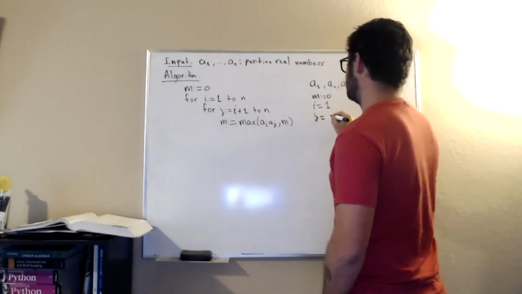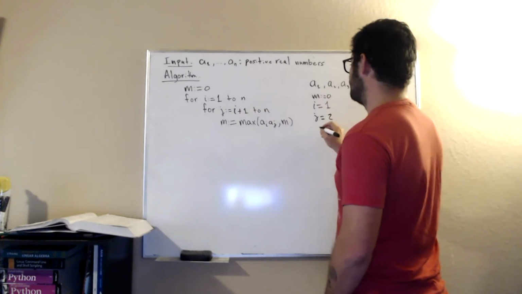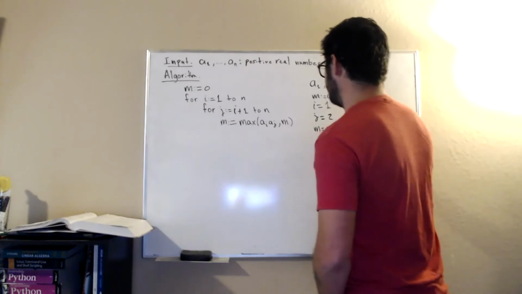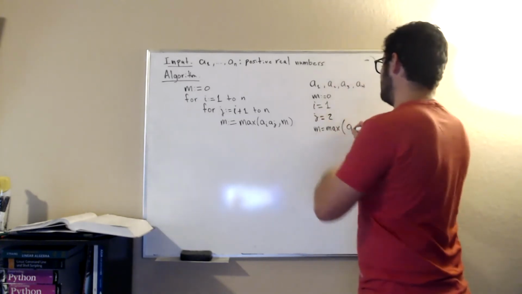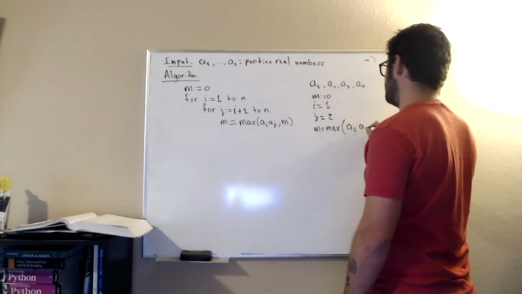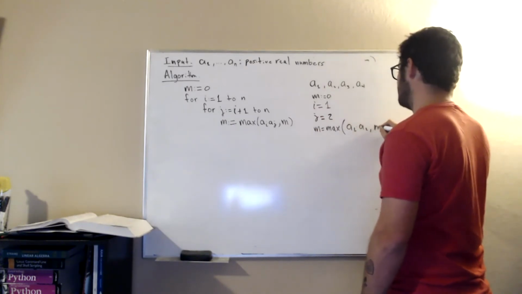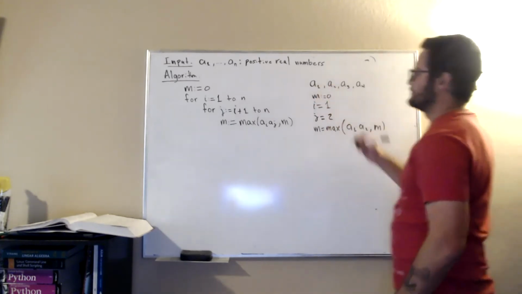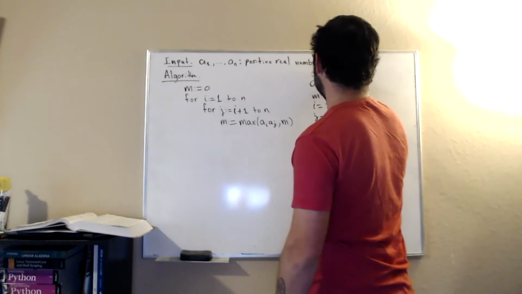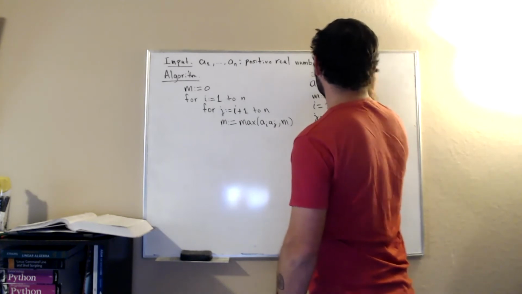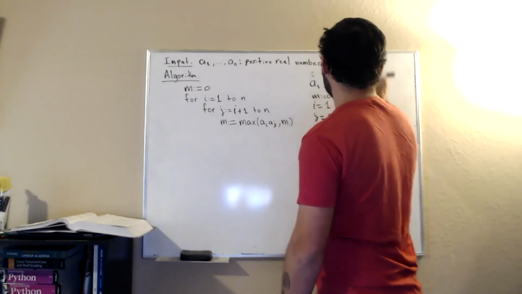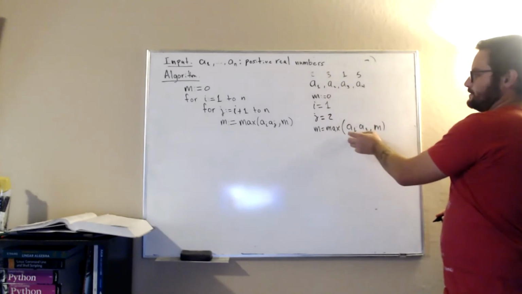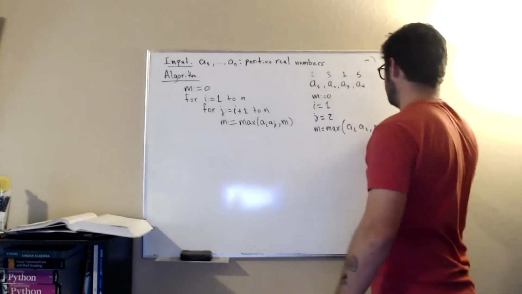So J is equal to 2, and M is equal to the max of A1 times A2, comma, M. With A1, A2 being 2, 3, 1, and 5, it'd be 2 times 3, so the max of 6 and 0 is 6.